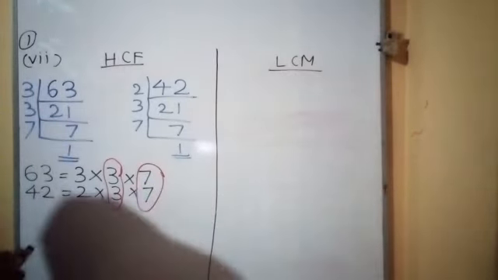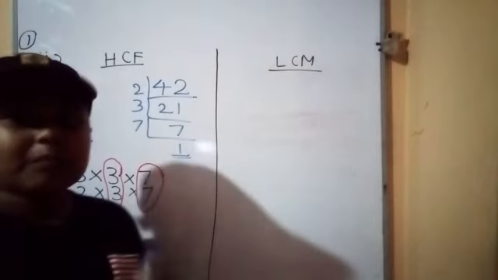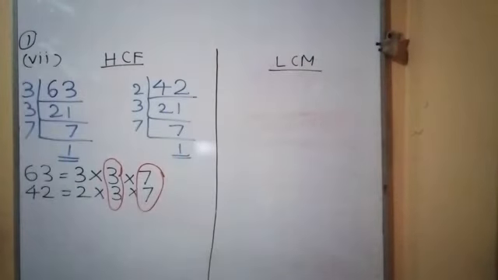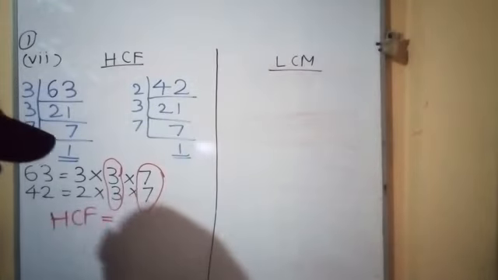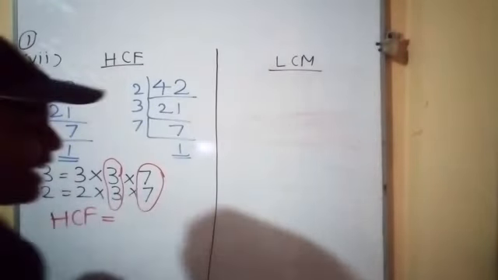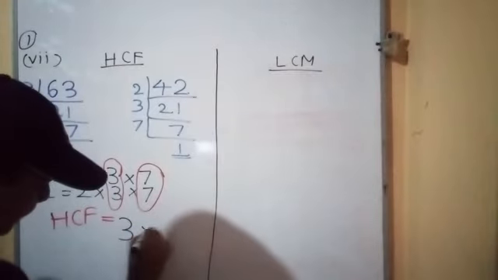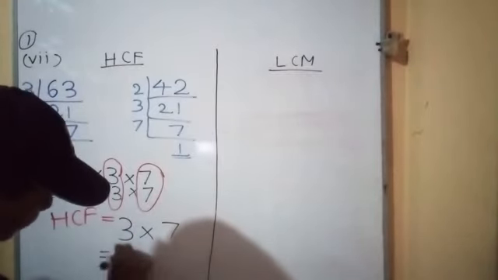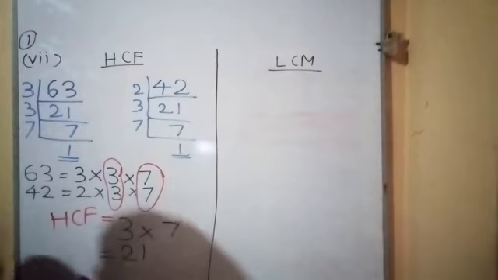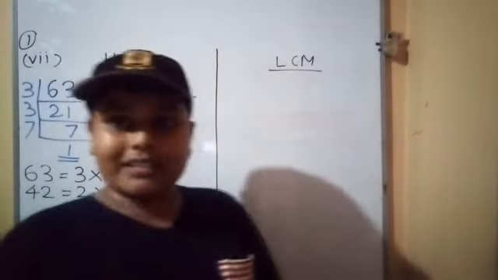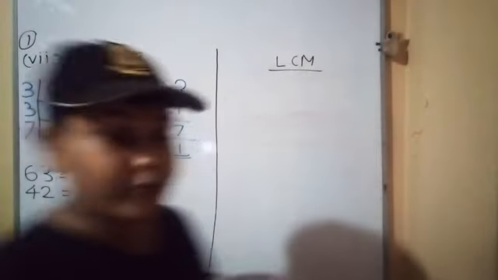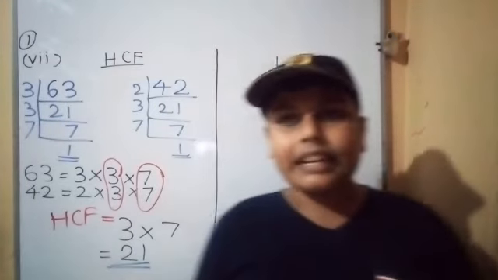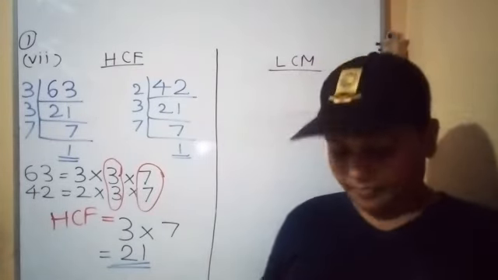Now 3 and 7 both have. So what is the HCF? Write 3 multiply 7. Now what is the answer? 21. So 21 is the HCF of 63 and 42.